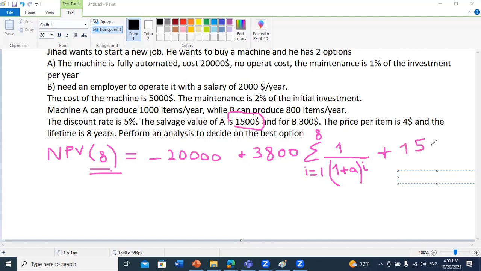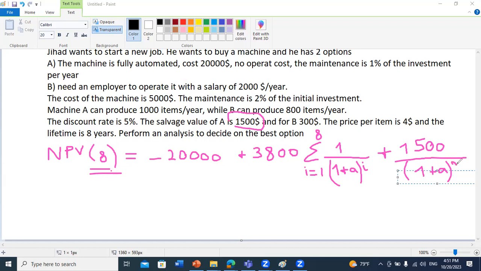But of course, since the salvage value is paid at the end of lifetime, we should divide it because we want the present value. We should divide it by 1 plus A to the power 8, which is the lifetime of the machine.